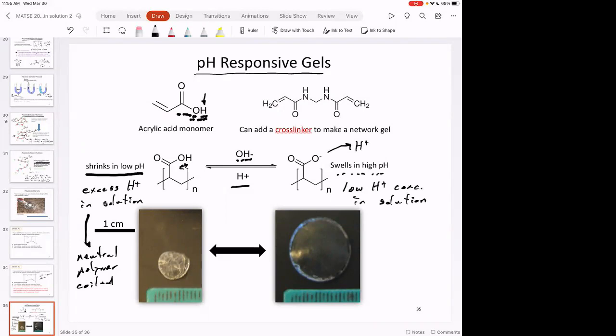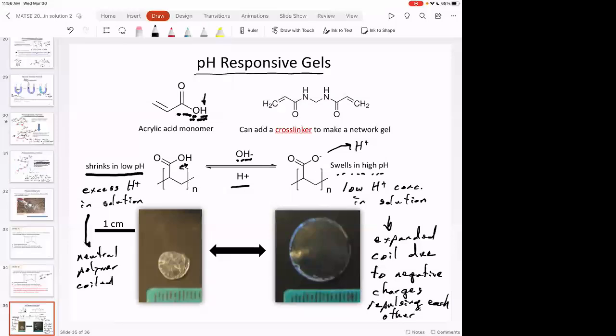In essence, we've got like charge repulsion along the backbone, and we have expanded coil due to negative charges repulsing each other.